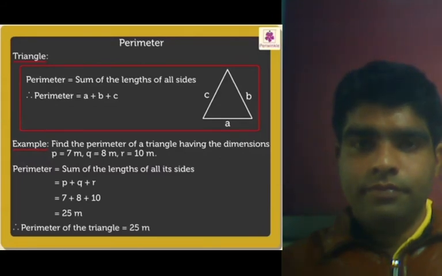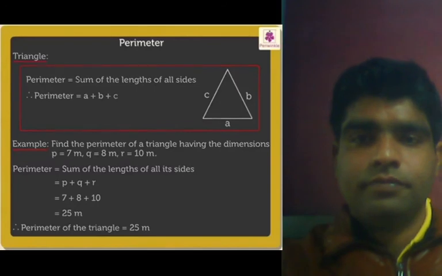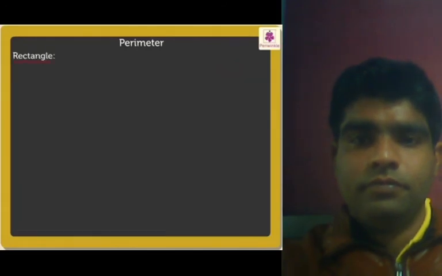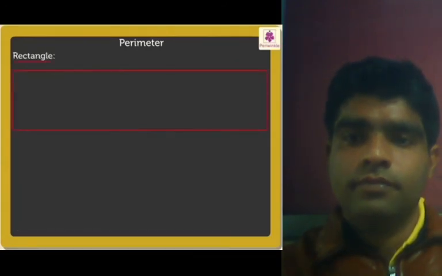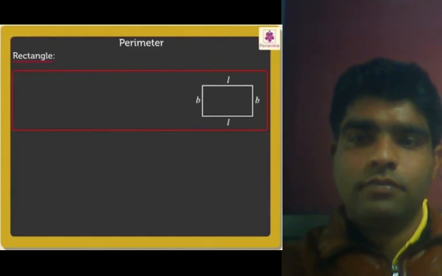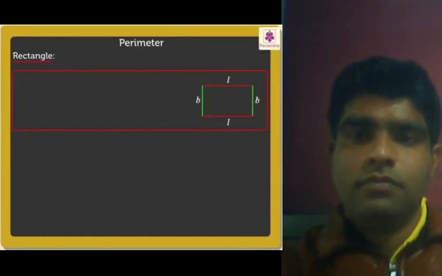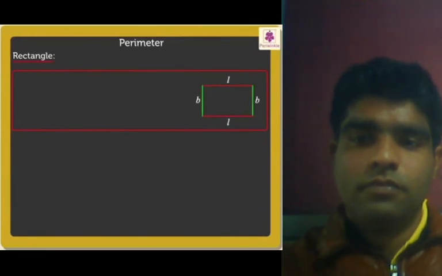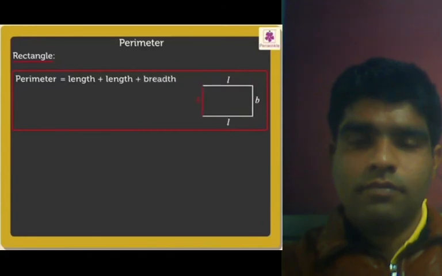Now, let us look at the formula for the perimeter of a rectangle. We have already learned that a rectangle has 4 sides, wherein its opposite sides are equal in length. Thus, the perimeter of a rectangle is length plus breadth plus length plus breadth.